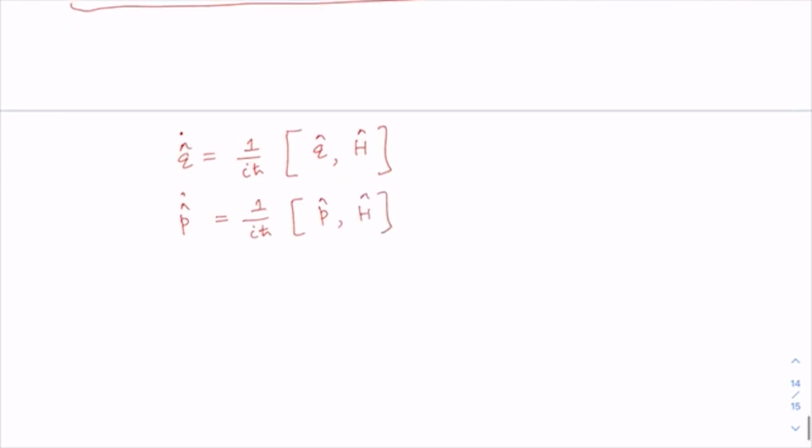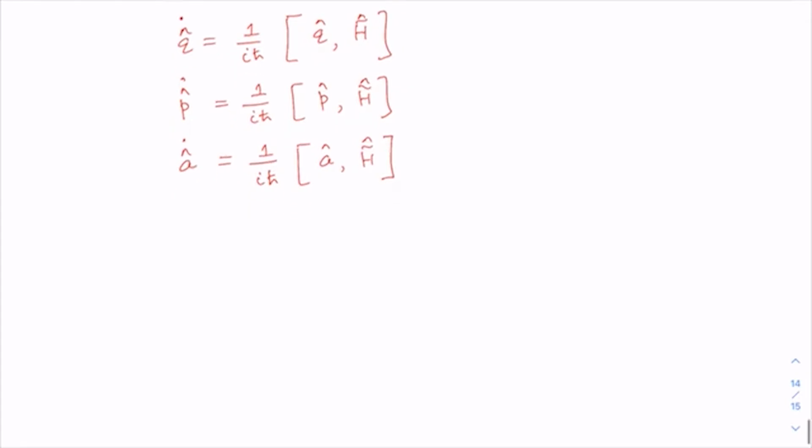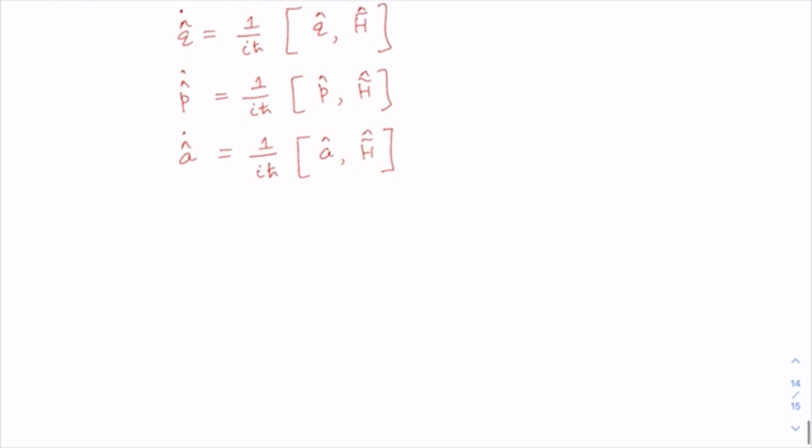This we have to calculate, and we know how to calculate a dot for the optical mode, equal to 1 by i h cross [a, H]. In fact, it is H tilde here because we are now taking the new transformed Hamiltonian in the new rotating frame. But from now onwards, rather than writing H tilde, we will again write it simply as H. If we calculate it, we get these equations.